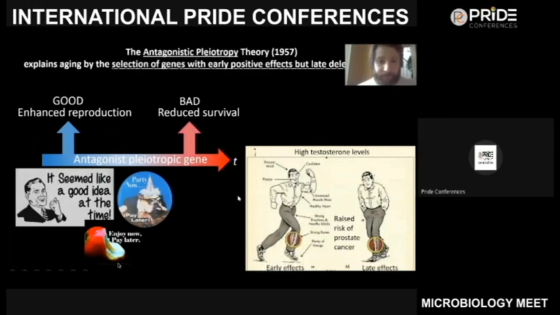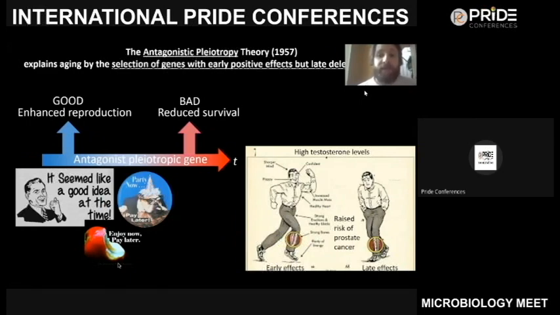Another theory that is also very classic is called antagonistic pleiotropic theory. It dates from 1957. It has been proposed by Williams, and what it tells us is that indeed selection is stronger when you are younger, and it doesn't foresee the future. So if there is something that does you good when you're young, selection is likely going to favor it.